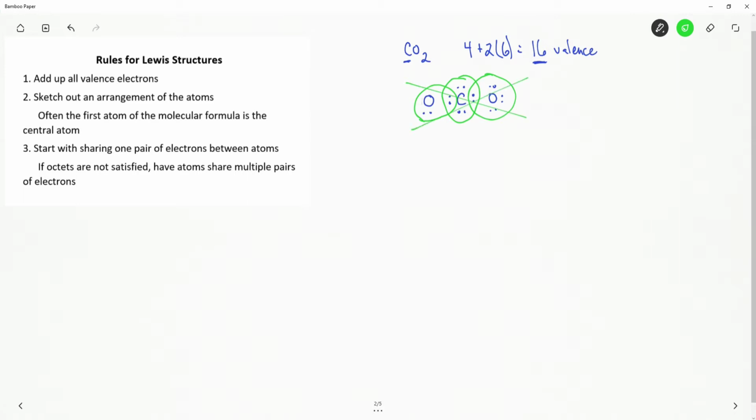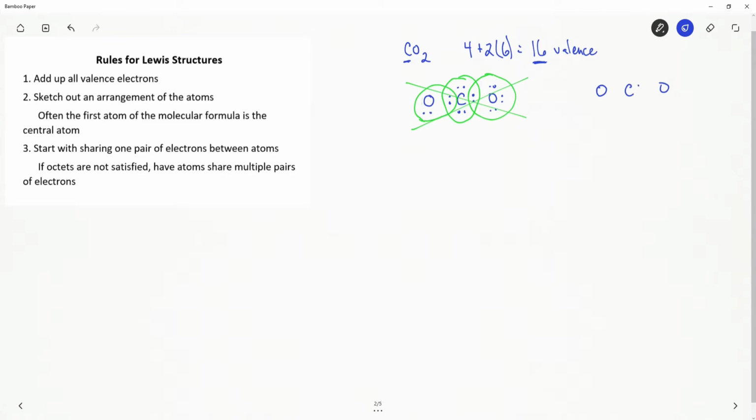Okay, so we need to find another arrangement of electrons that is going to satisfy the octet for all 3 of these atoms. I'm going to redraw my structure. Let's do the carbon and the oxygen. The modifier to my rule stated that if sharing a single pair of electrons does not result in satisfied octets, I need to make the atoms share more electrons.